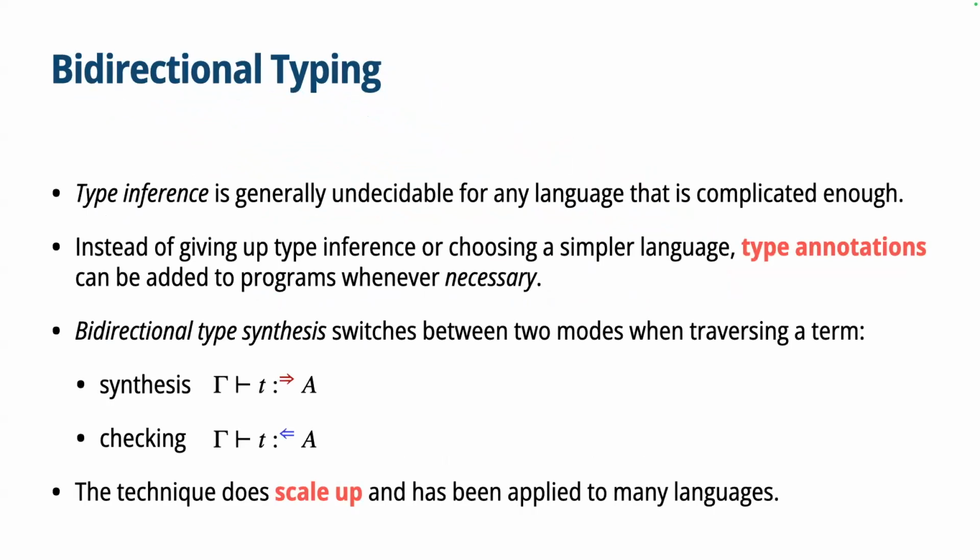Instead of just inferring the type completely, we can give some type annotations to the programs. That can be used by the compiler, or the language, to check your types. They use this existing information to help you complete the type checking process.